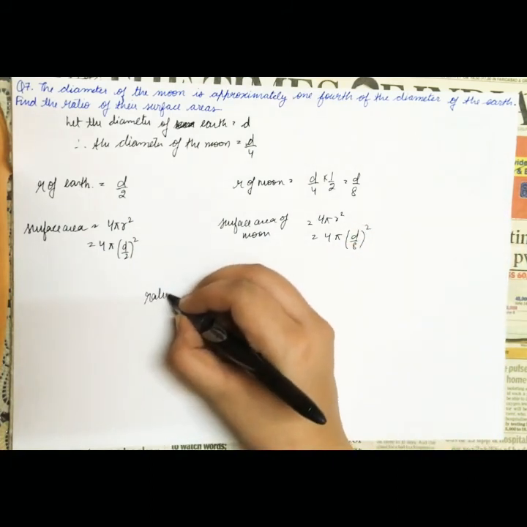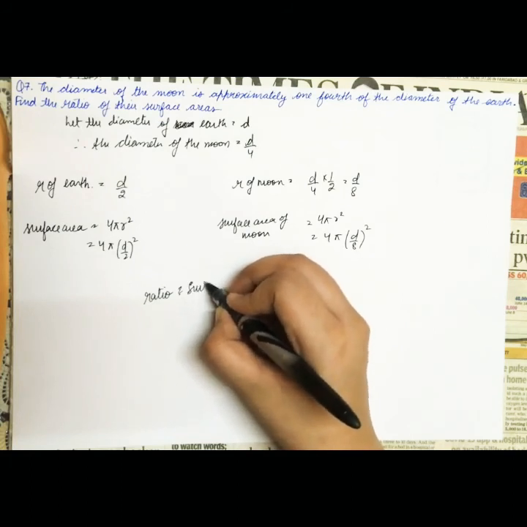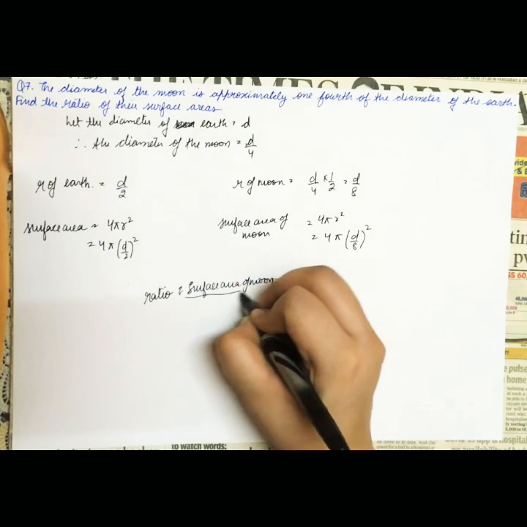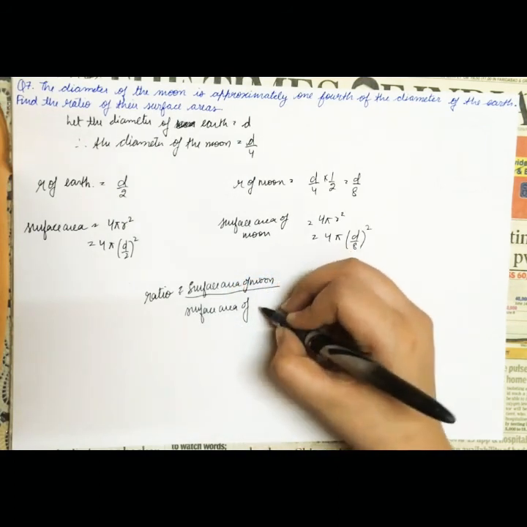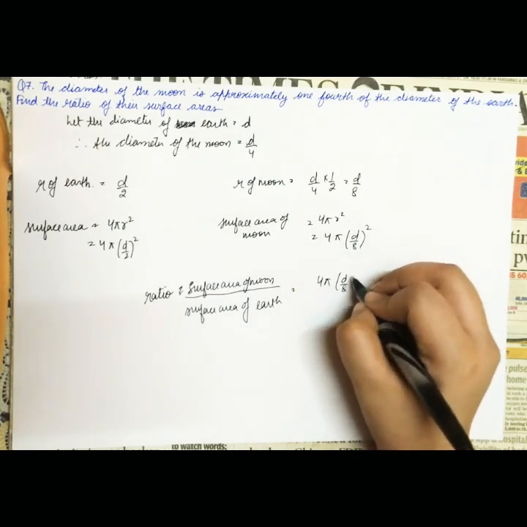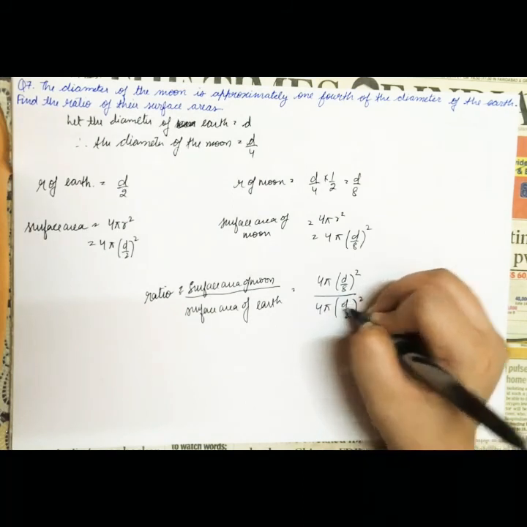Now the ratio will be surface area of moon by surface area of earth, which is equal to 4 pi d by 8 square upon 4 pi d by 2 square.